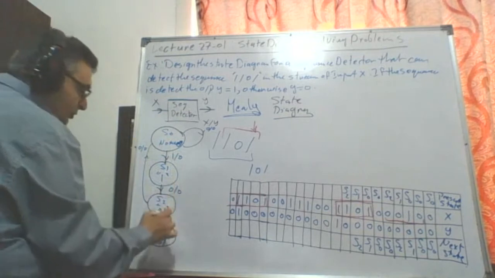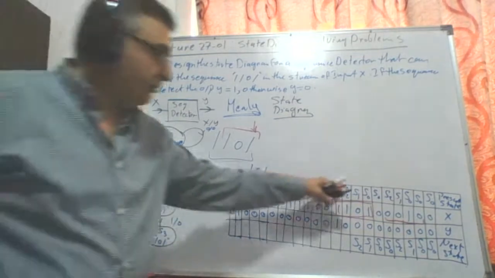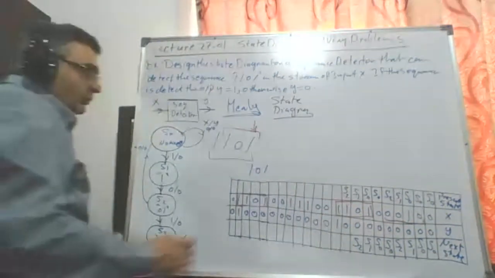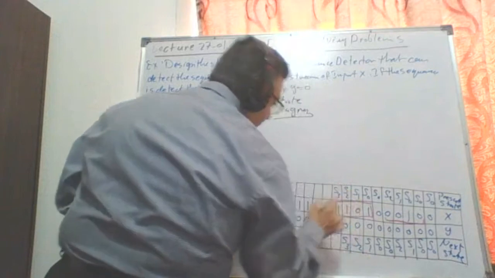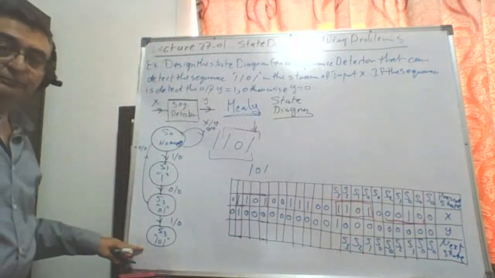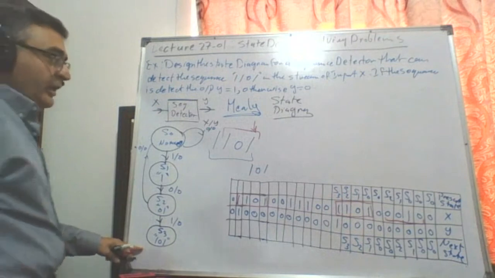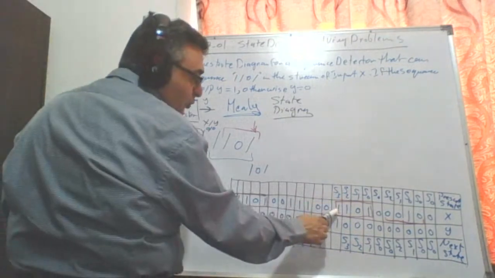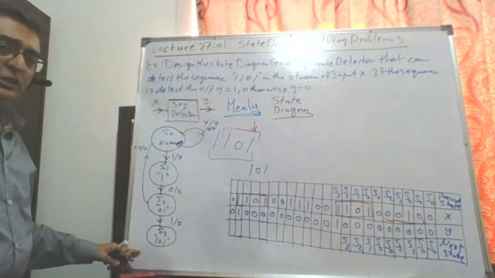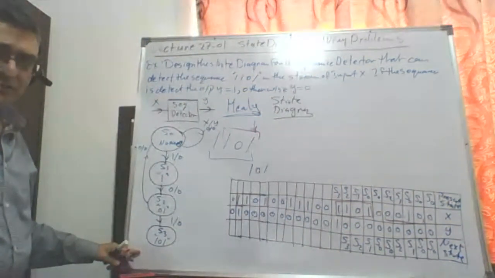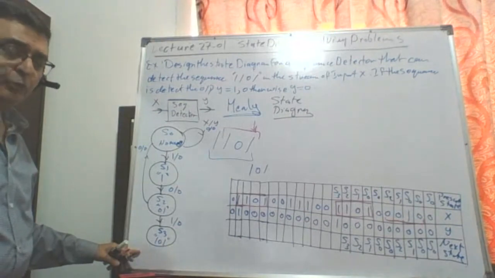Still your output is 0, but I have to go to state called S3. Now I am in S3. Okay, so if in S3 I received 1, that means did you complete the sequence or not? Yes, you completed the sequence. Agree? Make sense?